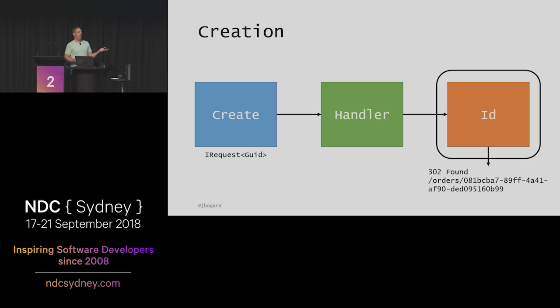The handler, after it's done creating the object, will return the ID of whatever was created, so that at the end I can typically do some kind of redirect to say, okay, now here's the thing you just created, as opposed to just redirecting to the list of things, and it's left to the end user to figure out, wait, which one was the one I just created? Was it that one? No, we want to say, here's the one that you actually created. And we can only do that if we have the actual ID coming out the other side.